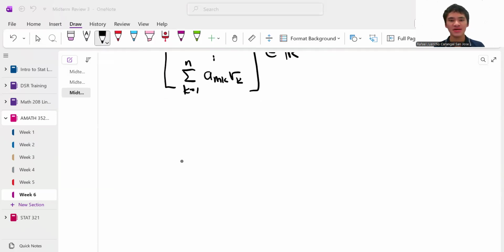And so we note that the mat-vec product is only defined for some matrix A, m by n, and some vector v in R^n. If v is in R^k and k is not n, the product is undefined.